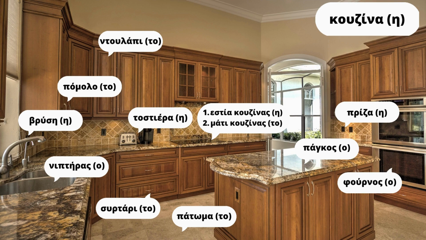And of course the word is of masculine gender. Below, we can also see a drawer, which is called to sirtari, and it's a neutral gender. And the last word of this slide is to patoma. This is the neutral gender word for a floor in Greek, to patoma.